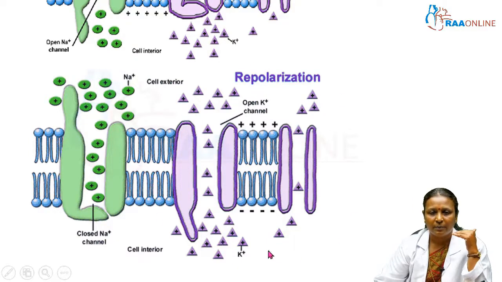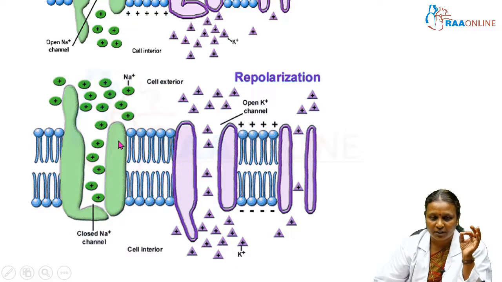See, when the membrane is repolarizing, you can see the inactivation gate of sodium is closed, the activation gate of sodium is still open. This is not the normal configuration of the sodium channel. We all know at rest, the activation gate should be closed, the inactivation gate should be open. You remember this very well.